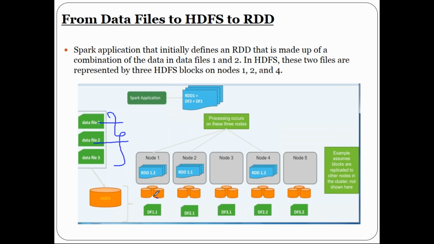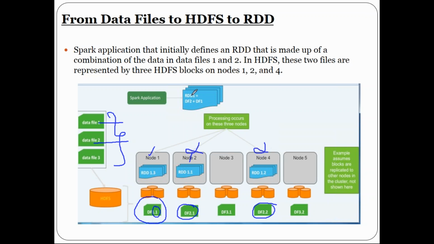Now your data file 1 is on node 1. That's the reason I called it 1 and 1. This is your data file 2 sitting on node 2, that is 2.1. You have data file 2.2, which means your second file is split into two blocks. Try to understand. The first block is here, the second block is here.